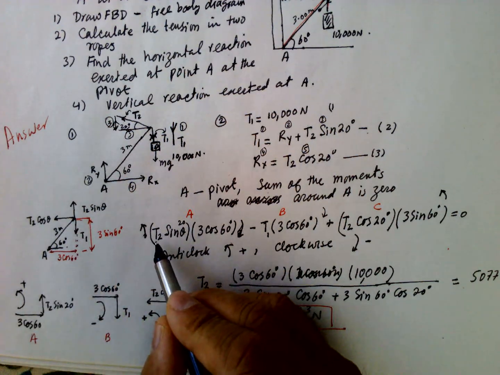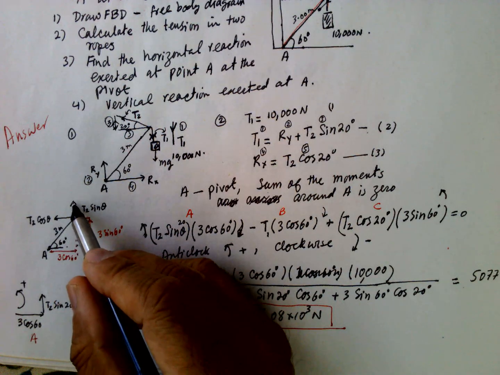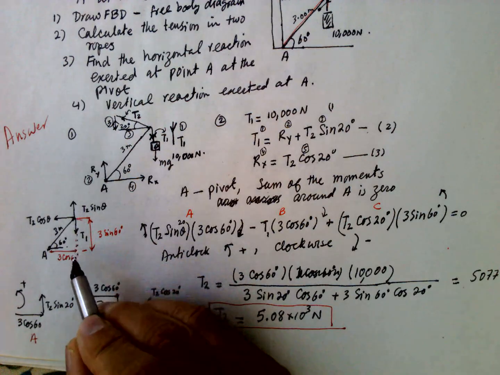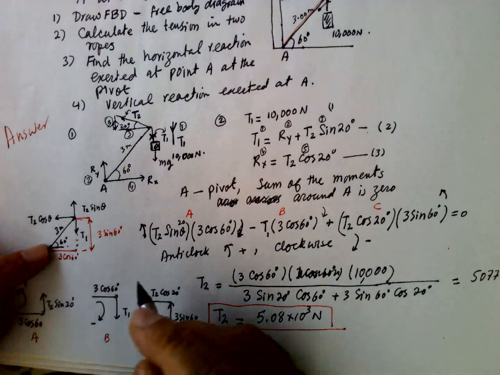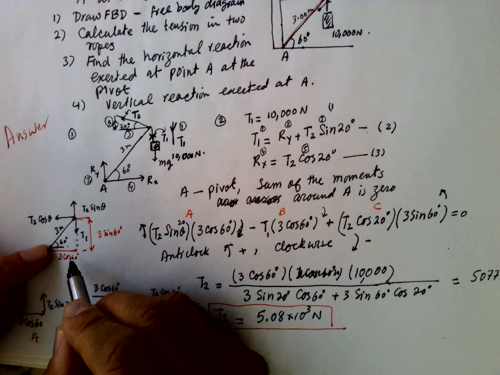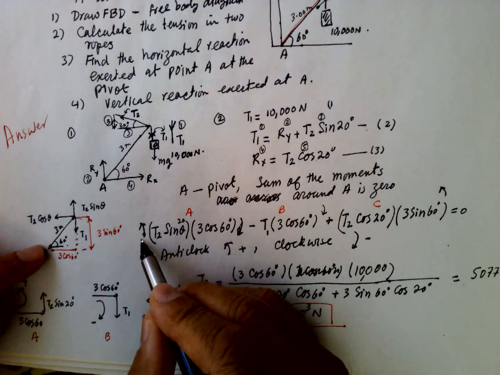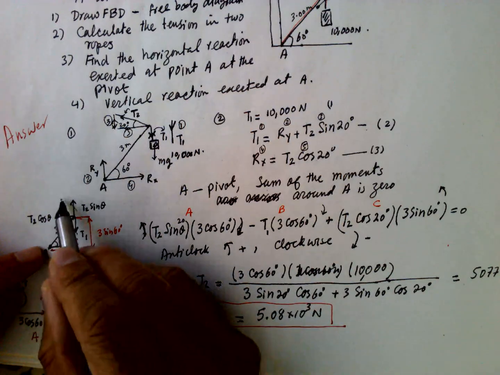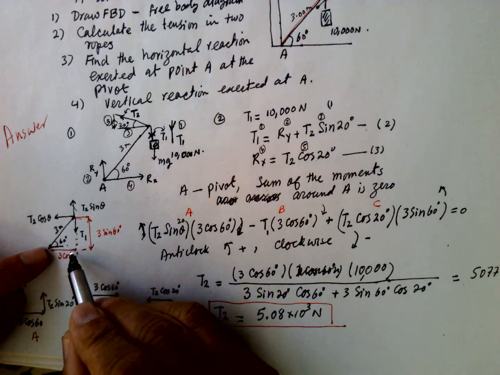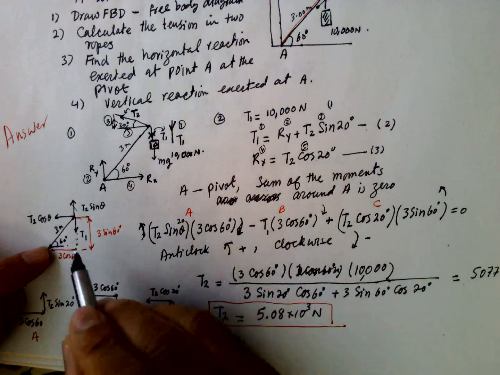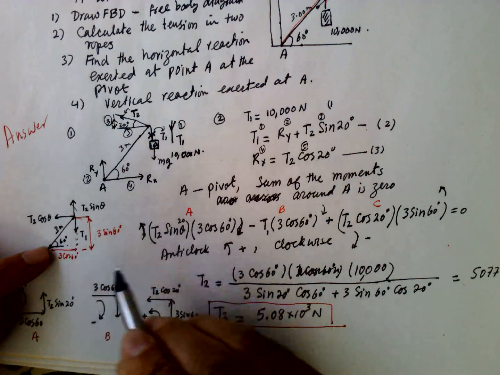So T2 sine theta, this force, this is the R, and it is going upward, so it is counterclockwise. So R into F. R is 3 cos 60, and F is T sine of 20, which I have written as theta.